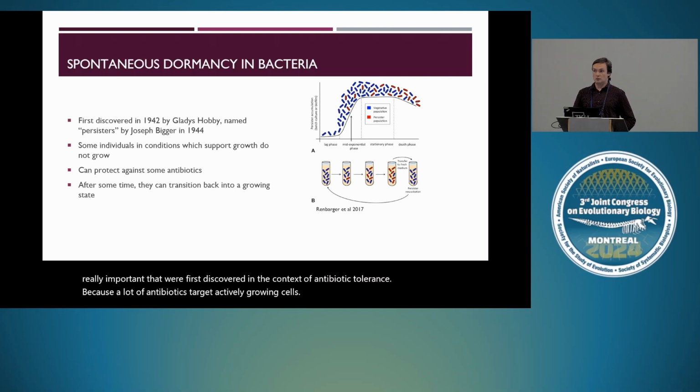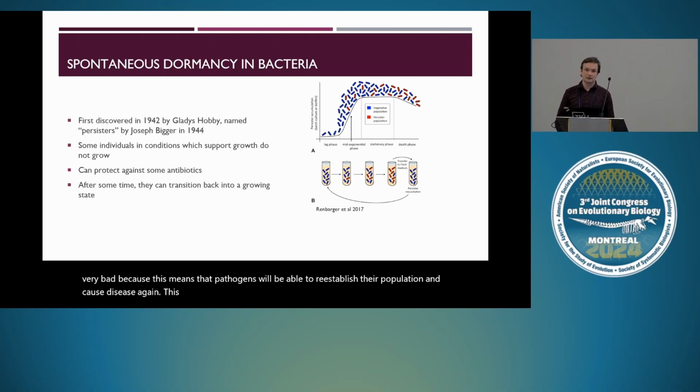Cells which are not growing will be immune to these antibiotics and will eventually be able to wake up and reestablish the population after treatment, which is obviously very bad because this means that pathogens will be able to reestablish their population and cause disease again. This was first discovered in 1942 by Gladys Hobby. It was named persisters by Joseph Bigger in 1944.